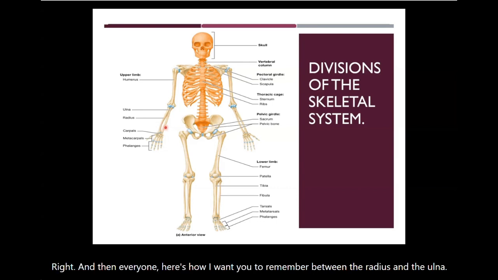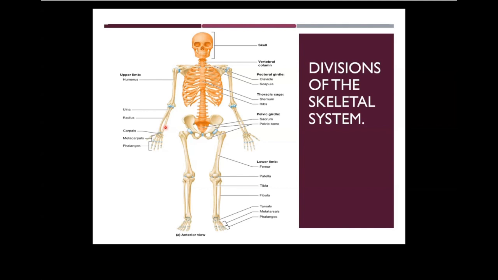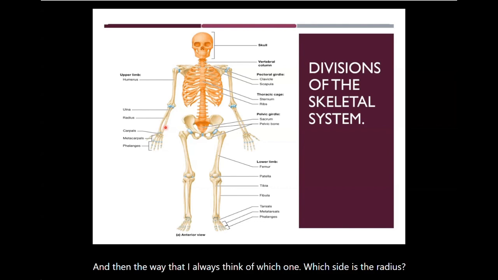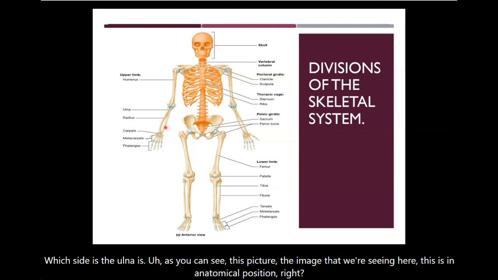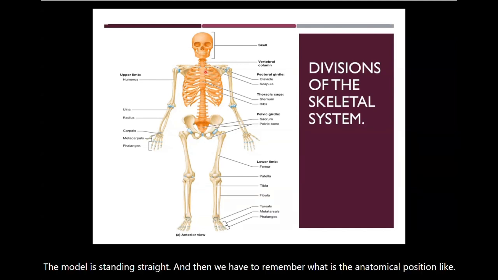And then everyone, here's how I want you to remember between the radius and the ulna, because I don't know about you, but it used to be confusing for me. The way that I always think of which side is the radius and which side is the ulna is, as you can see in the image that we're seeing here, this is in anatomical position, right? The model is standing straight, and we have to remember what the anatomical position is like.